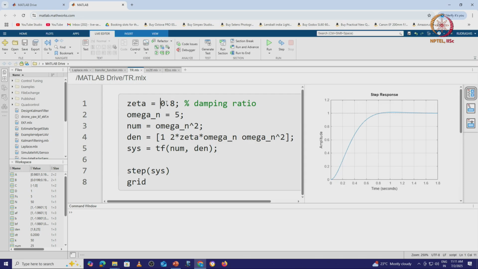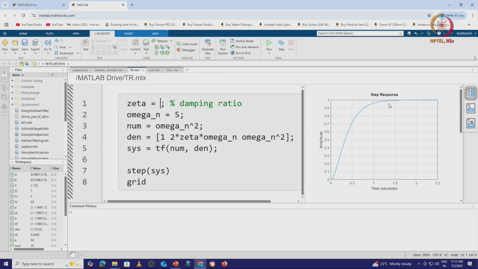Now if we do a critical damping, that means zeta becomes 1, how does it look? Once it is critical damping with damping ratio equal to 1, we see that the overshoot vanishes. If we make it 2, then you see the system response again changes for an overdamped system.